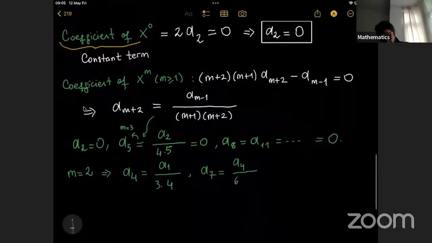So 6 times 8. Okay, or you can write better than this. What is A4? A4 is A1 over 3 times 4. So it's going to be 3, 4, 6, 7, 6, 8, right?